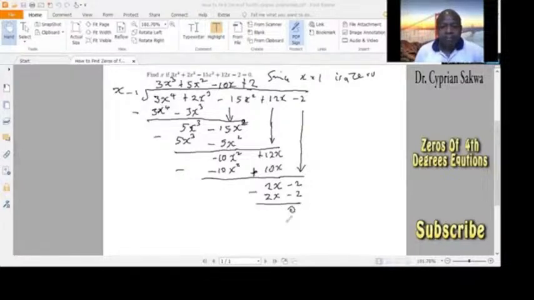So we have gotten a cubic equation. But remember, we already have one solution, that x is equal to 1. So we want to find out what is the solution to this cubic equation. So let me just erase this part.